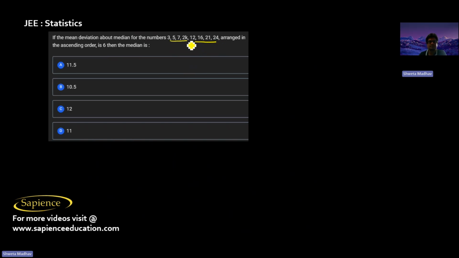Obviously 2k should be less than 6, then only the median will become 6.